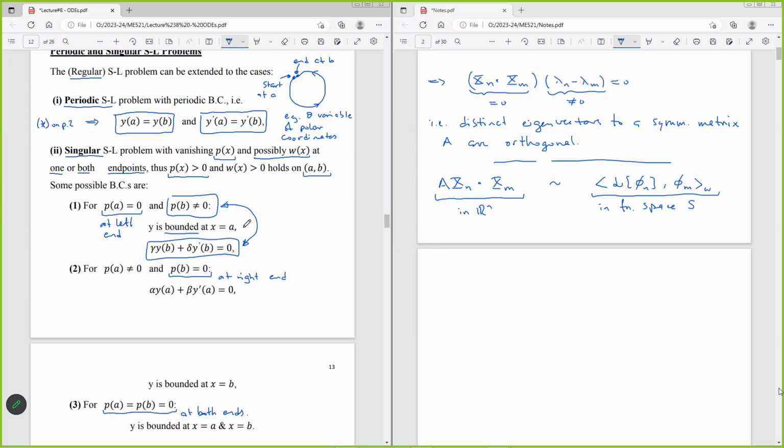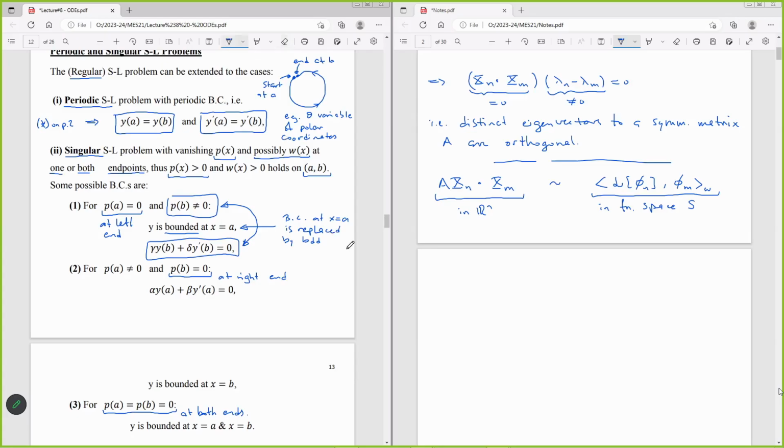The BC at A is replaced by boundedness. All right? So that's how you read this.